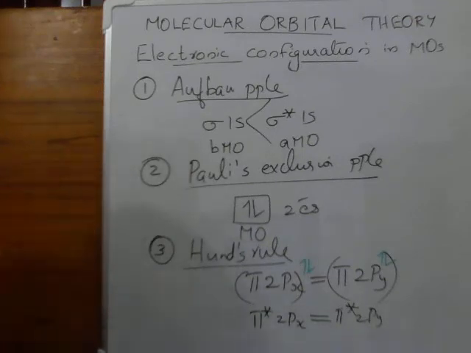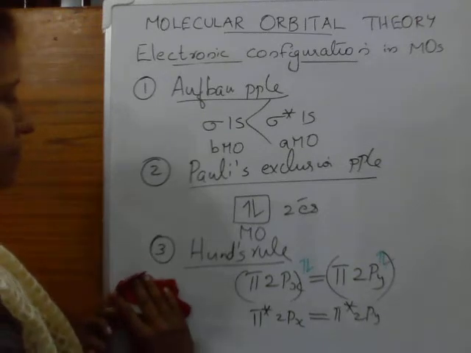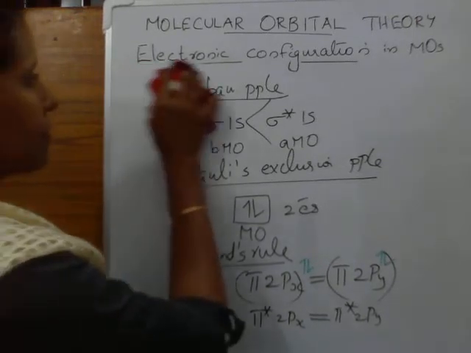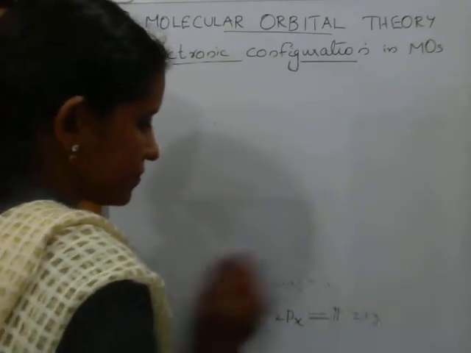Then only pairing starts. So these three rules we need to follow while writing electronic configuration in MOs. And from the electronic configuration, we can determine bond order.